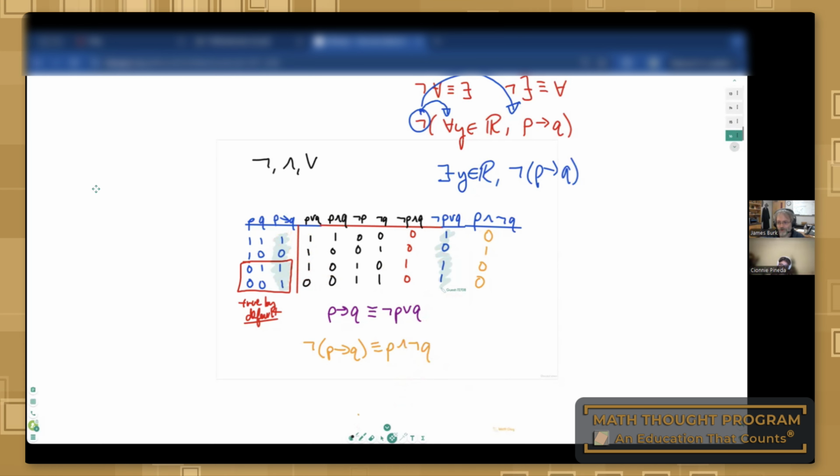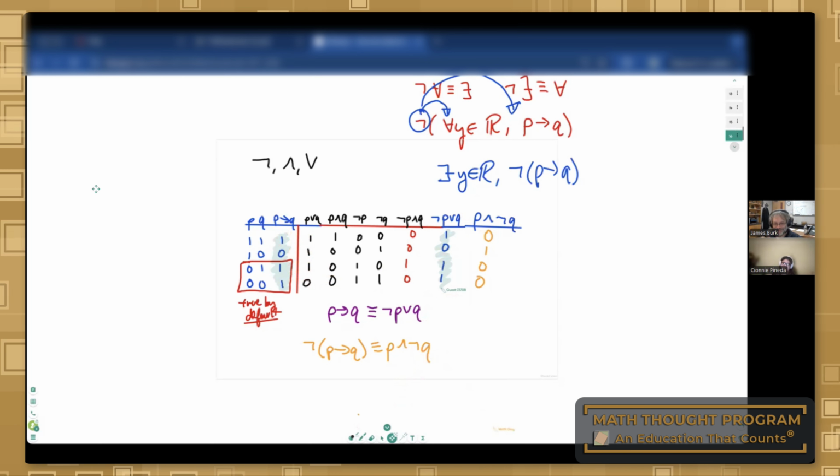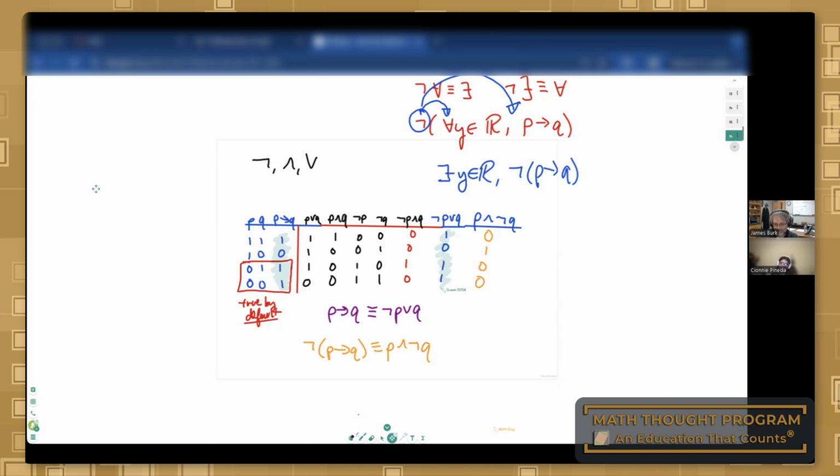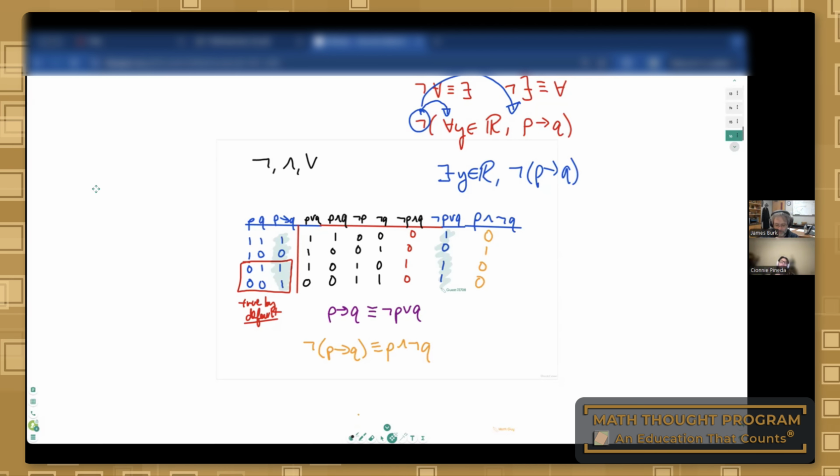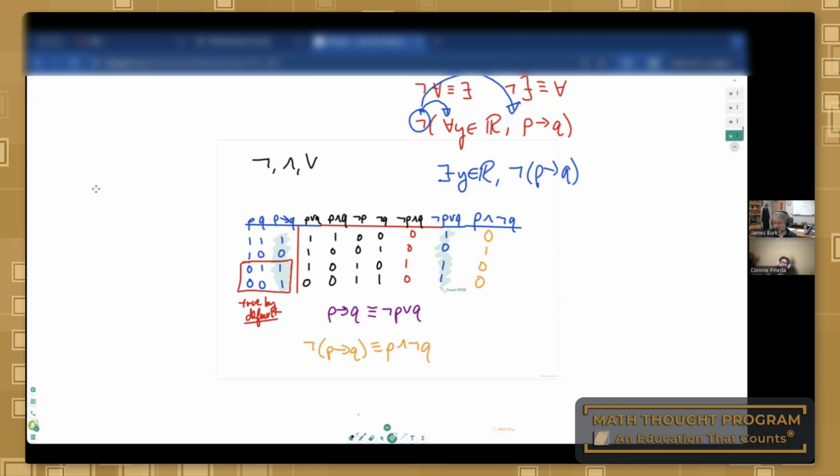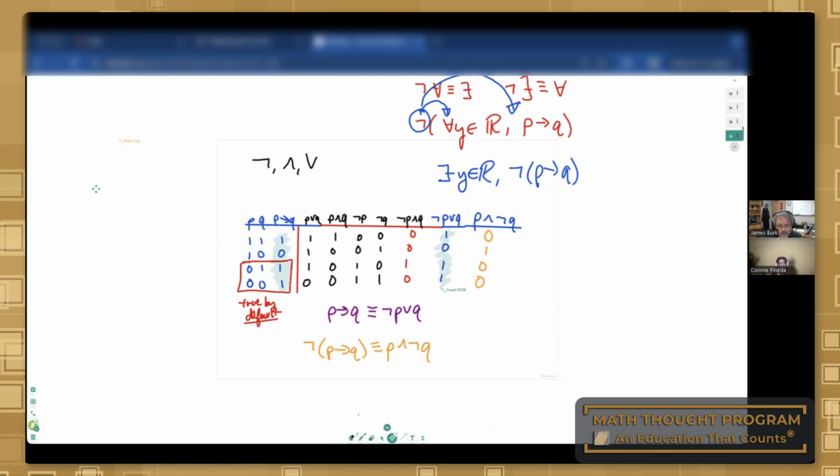Now, follow-up question. Whenever you're looking at a conjunction and a disjunction, an "and" statement and an "or" statement, are they the same thing? No. Absolutely. So here's the main question. If you look at a conditional statement, what really is a conditional statement?